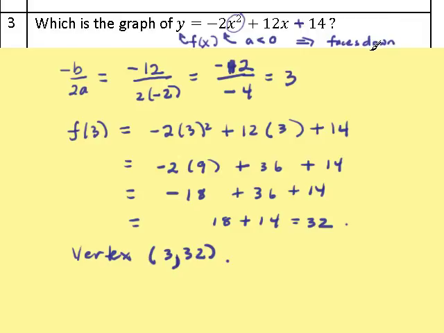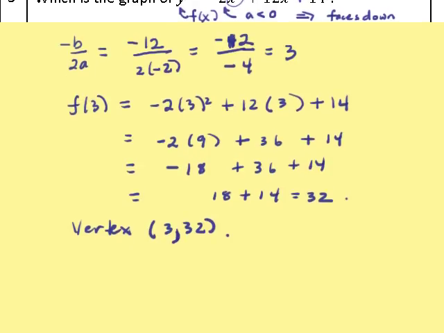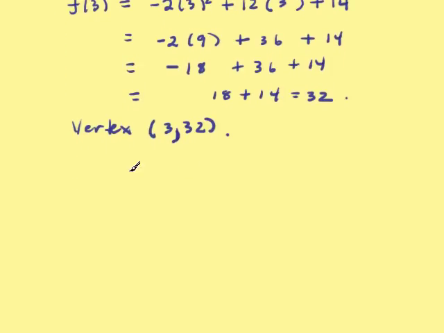Okay, with the vertex and the fact that it faces down, we can do an approximate graph. So let's do that here. And I'm not going to draw this to scale. Okay, so let me just say that 32 is up there.